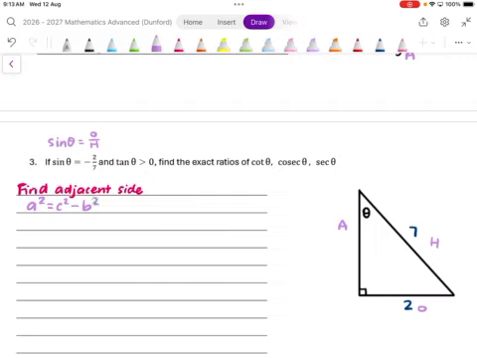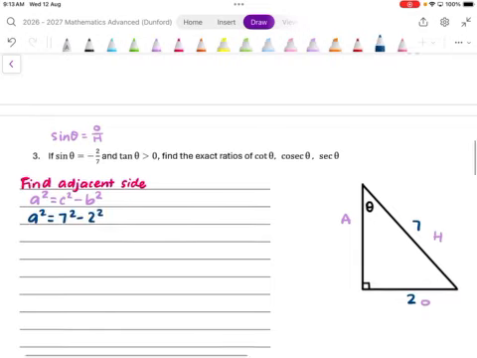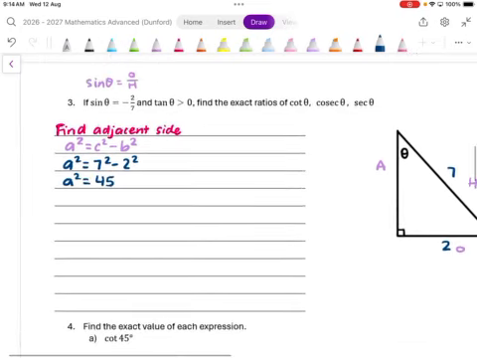So we've just moved our b from our normal Pythagoras' theorem across. So our a squared equals 7 squared minus 2 squared, so our hypotenuse minus our opposite side. So a squared will equal 45. So a will equal the square root of 45.